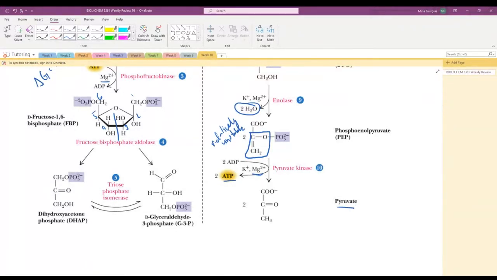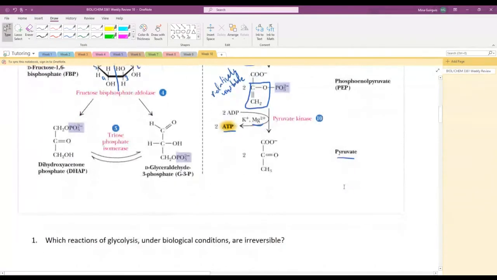So when pyruvate can eventually enter the mitochondria and participate in the TCA cycle, or the citric acid cycle, or the Krebs cycle, whatever you want to call it, it gives us a ton more energy. So that's glycolysis in a nutshell.